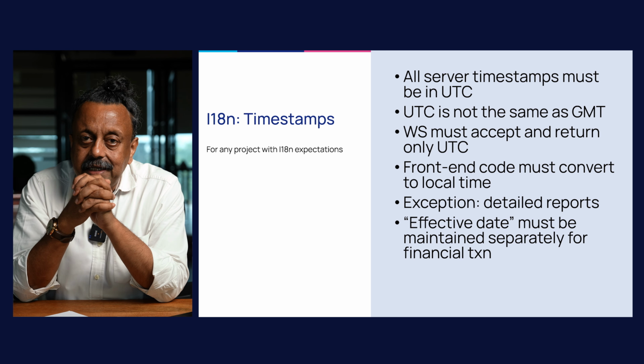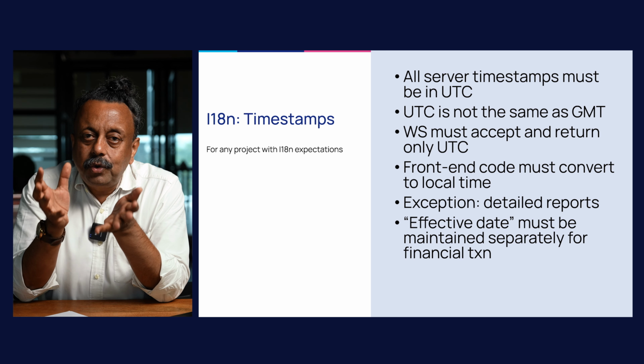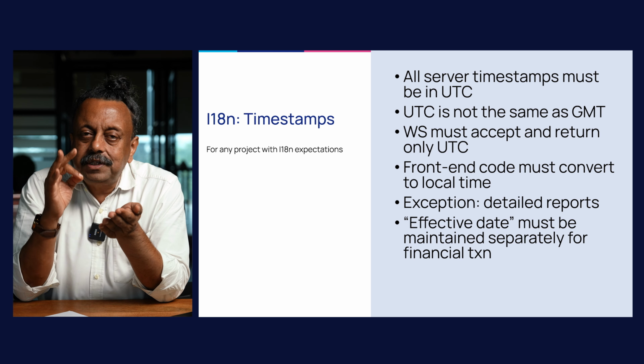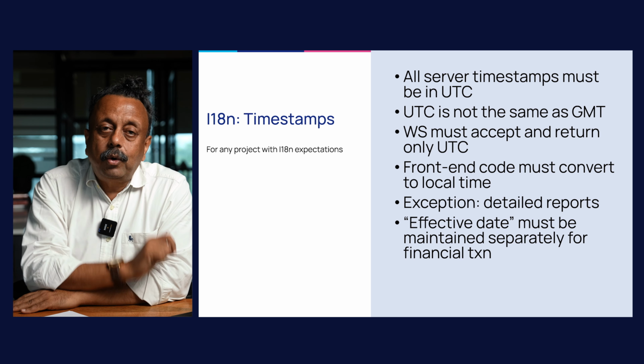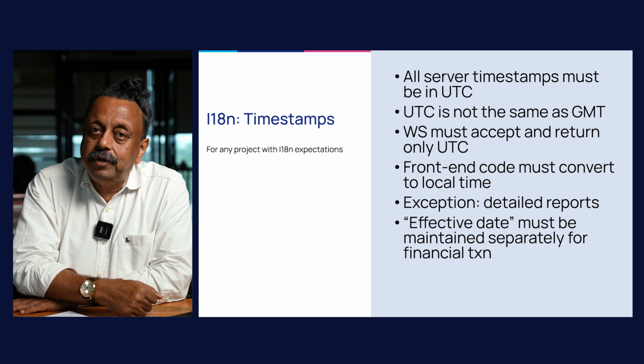Now what happens then is there is a legal attribute of the date and time, the date on which a transaction happens. Now, if that date is pulled out by looking at the timestamp in UTC and just chopping off the hours and minutes, then you will be left with 9th February.